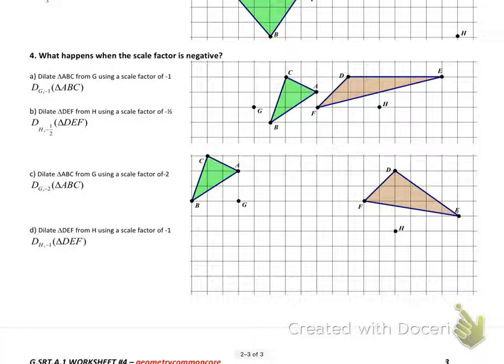And, okay, let's talk about this. So we have a negative scale factor. This is totally fine. And we're going to start with a -1 scale factor. Now, if that was +1, how would that affect our shape? If we have a scale factor of just, and again, let's pretend it's just +1, does our shape get bigger, smaller?